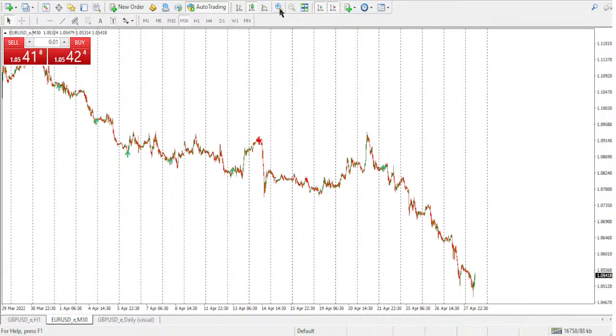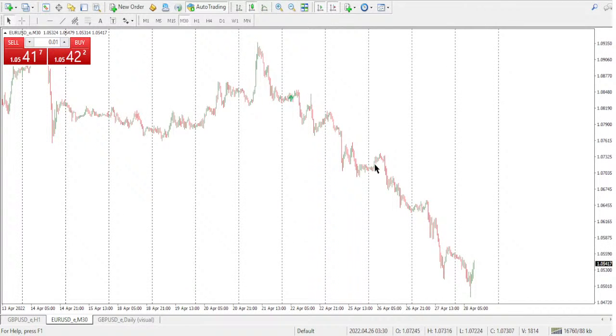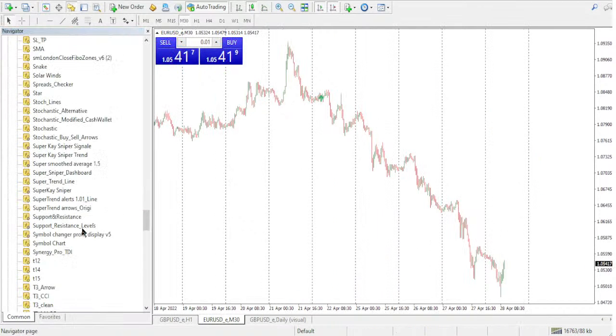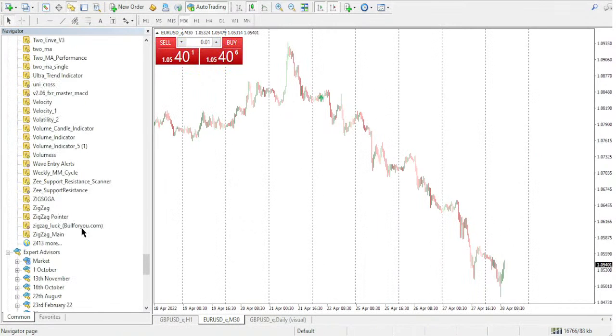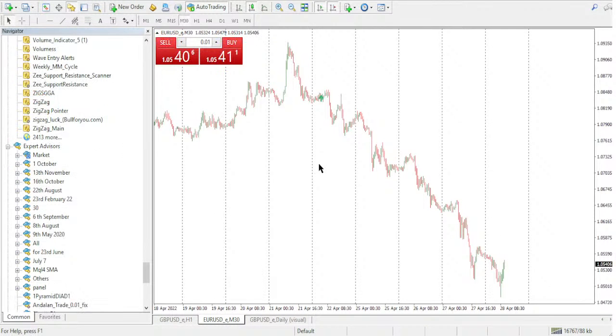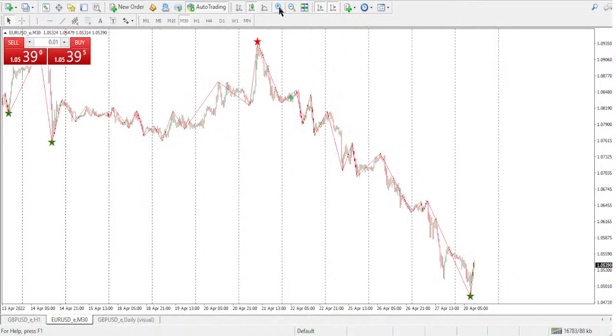So we have the price here. Just a second. I'll use the zigzag indicator for analyzing this chart. Sorry, not that zigzag. We need the normal zigzag. So this is what I'm looking at.